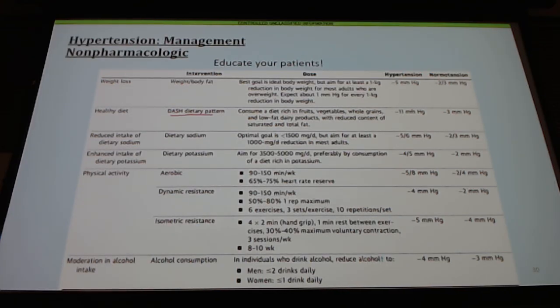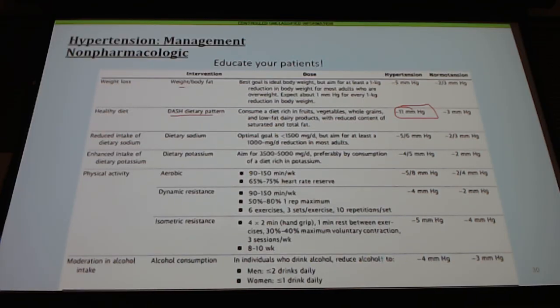On average, somebody who strictly adheres to the DASH diet can have a drop of 11 millimeters of mercury in their blood pressure. So somebody who is 140 systolic could drop down to 129 simply by changing their diet. But let's look at some additional risk factors your patient may have. Maybe they're obese.